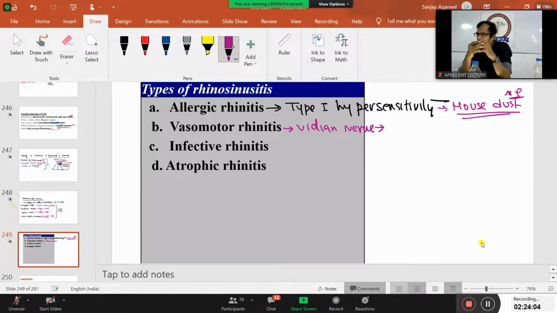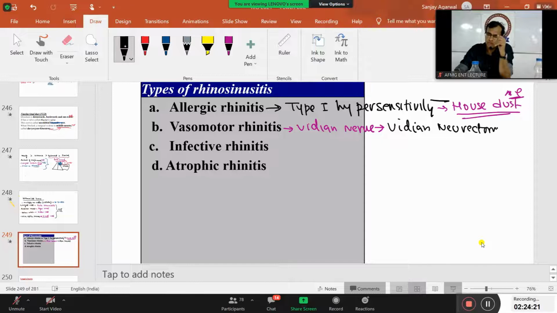The lacrimal gland and the glands of the nose and sinuses. That's why its treatment is vidian neurectomy. The vidian nerve is cut. Vidian neurectomy, and this is another MCQ. They ask you, vidian neurectomy is done in which disease? Vidian neurectomy is done for vasomotor rhinitis.